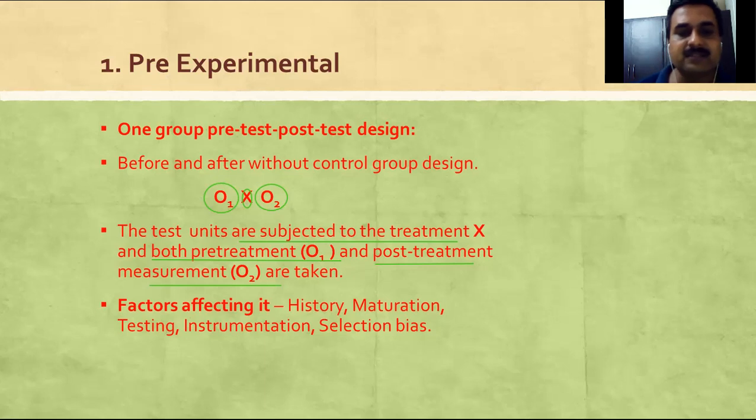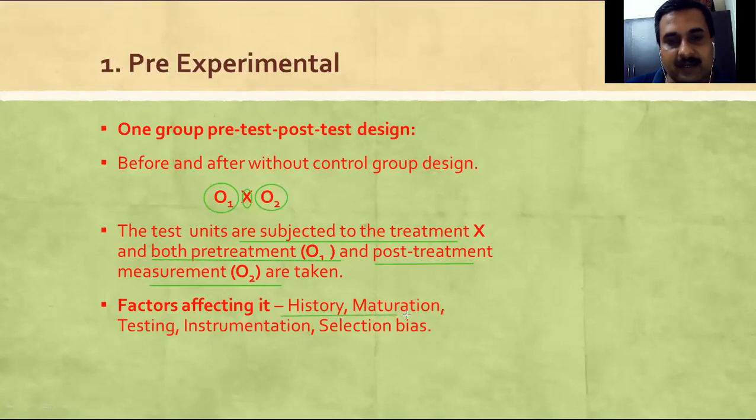Let me take you through one or two of these extraneous variables or factors affecting internal validity, because your main result may have some implication of these variables. So the first one is history. What do you understand by history and how does it affect?